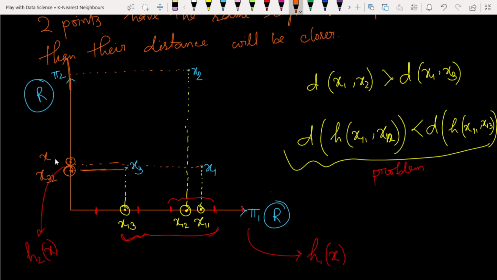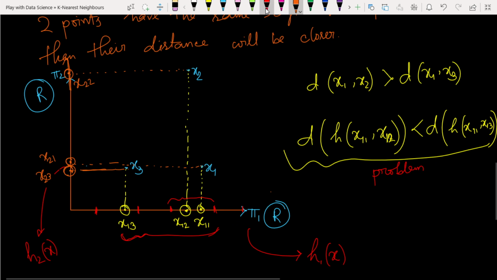This value will be point 2 on plane 2, and this will be plane 2.1, and this value will be plane 2.3. Now just see this thing.